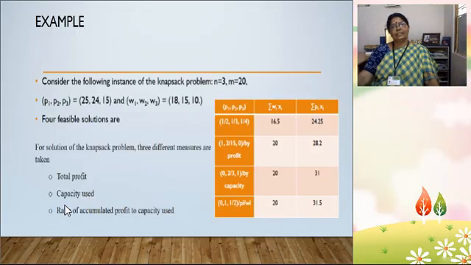Or we can select the object with the least capacity used, or the ratio of the profit per capacity, profit per weight. So there are 3 methods by which we can select the input. When applying the greedy strategy, we found that the third method, selecting the object based on the highest profit per weight, yields the maximum profit.